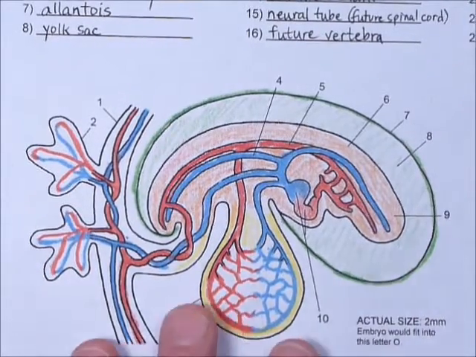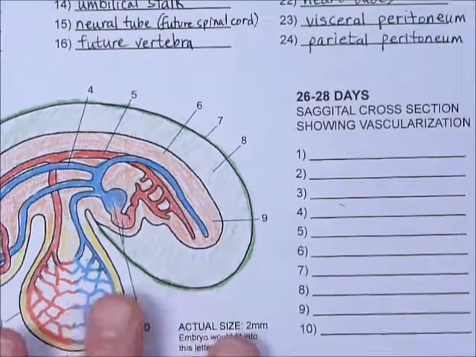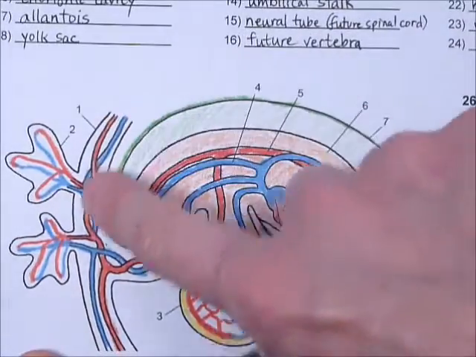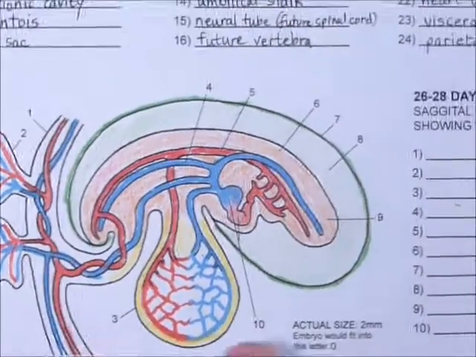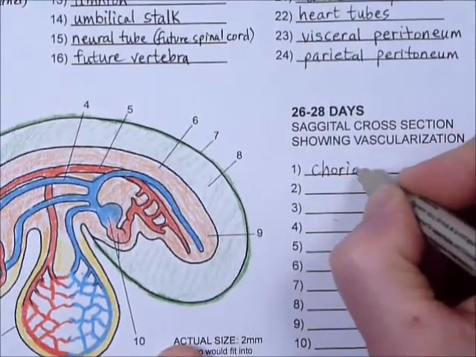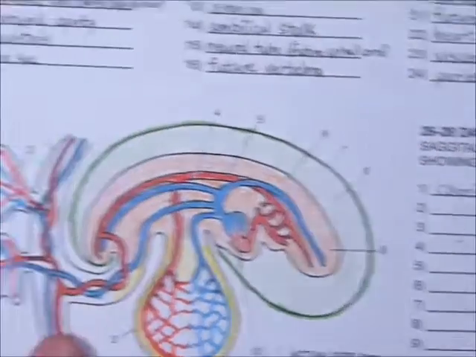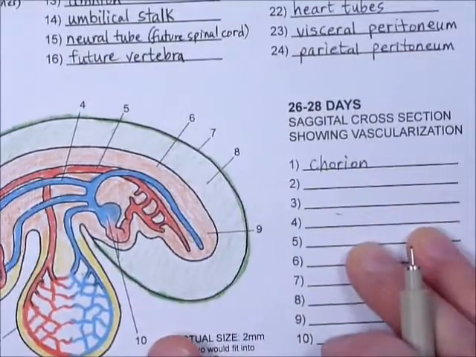So now let's label. Number one is this band going all the way around. So this will be the chorion. Number 2 are these things, which are the chorionic villi.